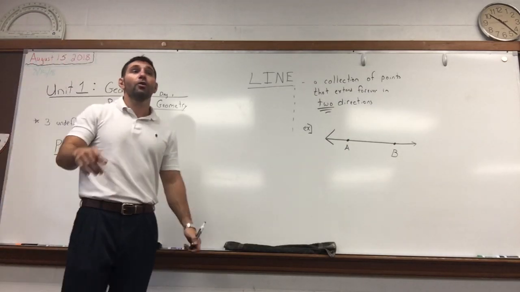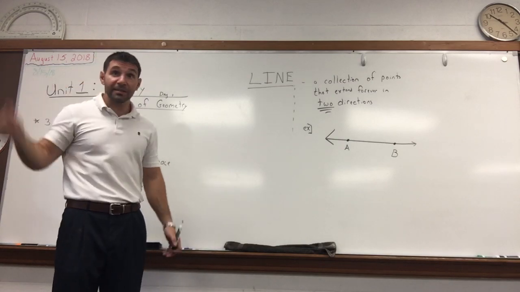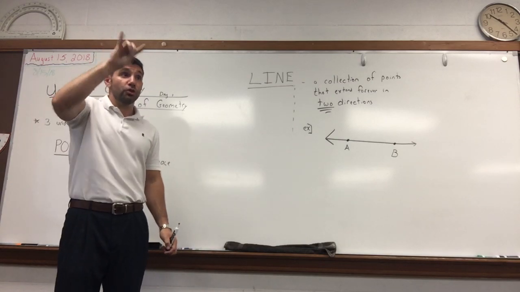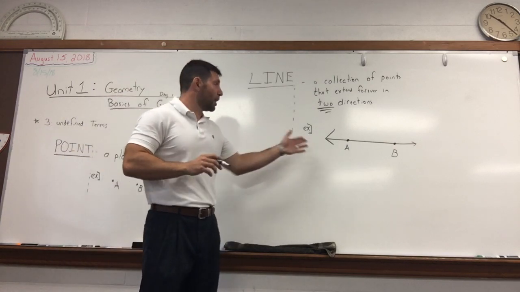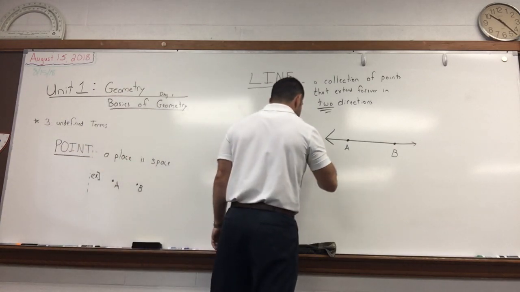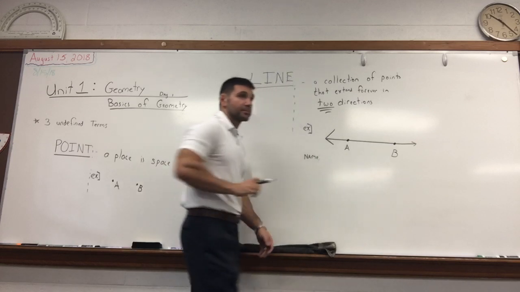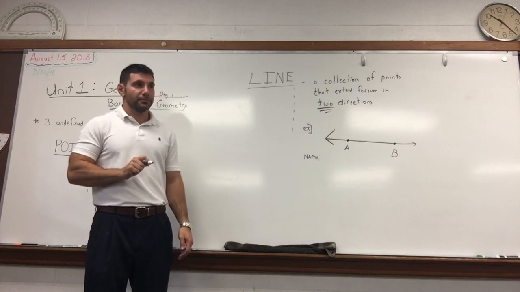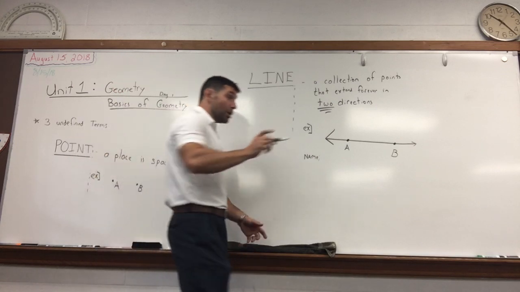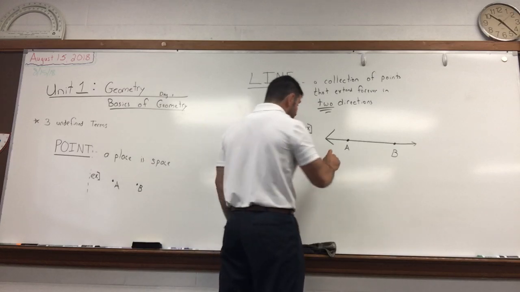You will never say, oh, that's line ABC. No, it's not. You will use 2 points and only 2 points to name a line. Can somebody give me one way to name this line? How would I name this line? Go ahead. AB line. Close. So it's going to be called line AB.